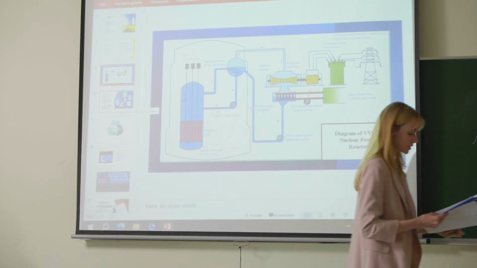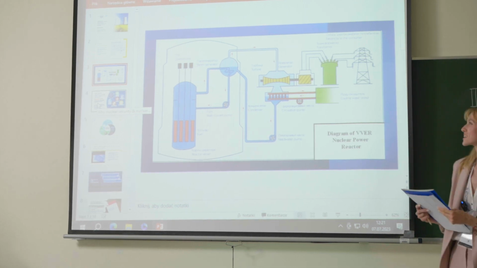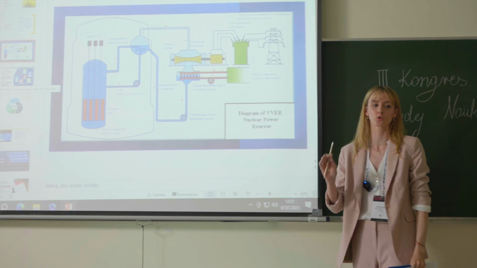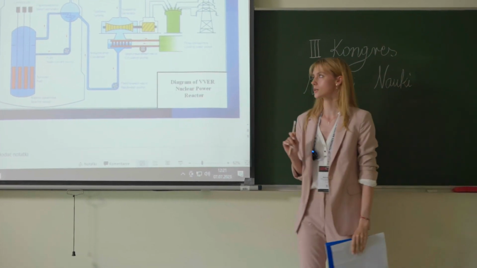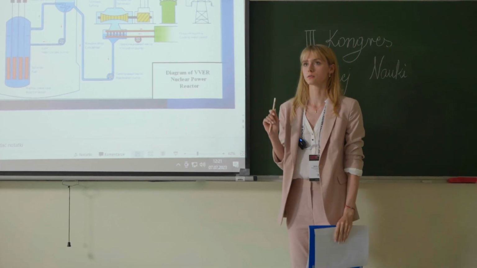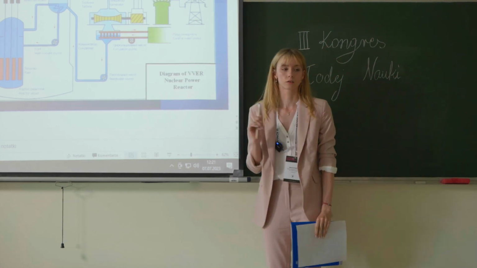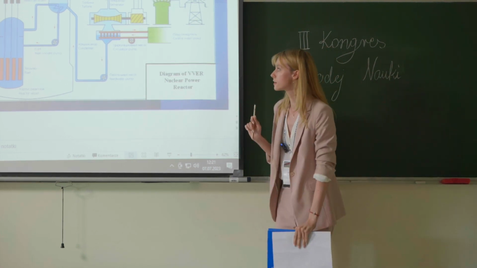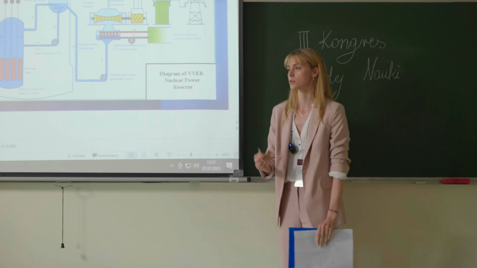So why am I talking about this? First of all, for you to know. Second of all, because this is the system that is so far considered to be the safest system. Obviously, it was constructed in the late 80s, early 90s. It is not like some ancient thing, because we are constantly developing our technology.